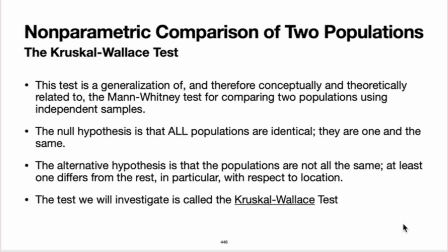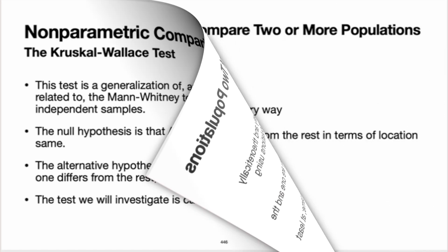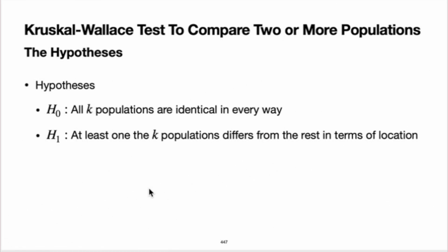Now, the test that we're going to be looking at is called the Kruskal-Wallis test, and that is a non-parametric alternative to analysis of variance, which again, as you know, is used to compare the means of a number of populations using independent samples. The null hypothesis here is that all k populations are identical in every way.